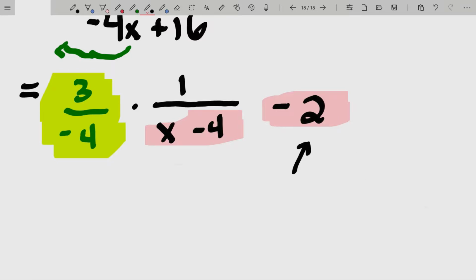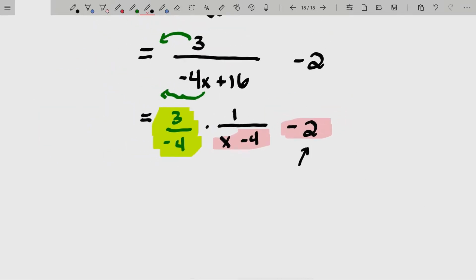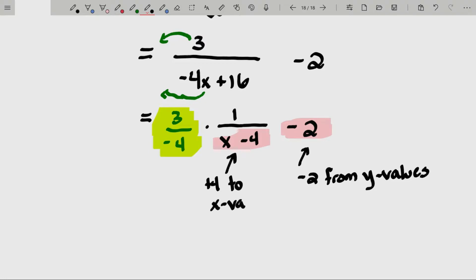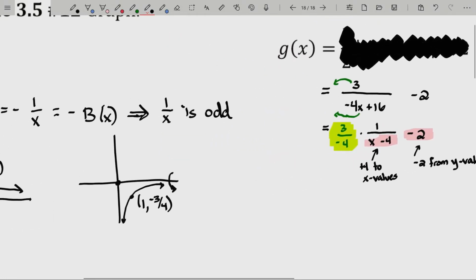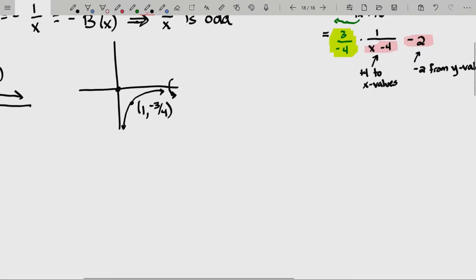Let me zoom out a little bit. And then the other one is add 4 to x values. Here's my guide. So I'll take those 2 anchor points and I'll add 4 to their x values and subtract 2 from their y values to get my final graph.